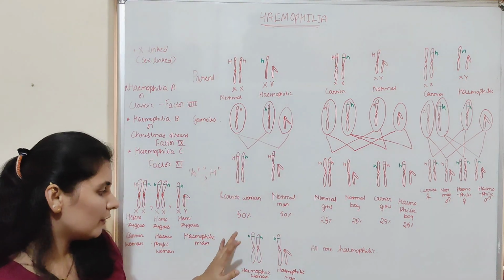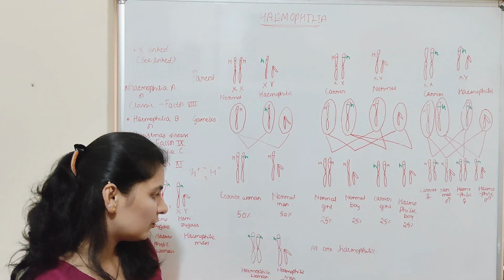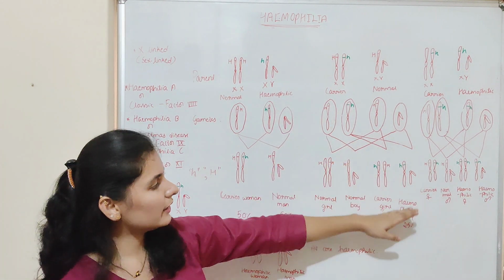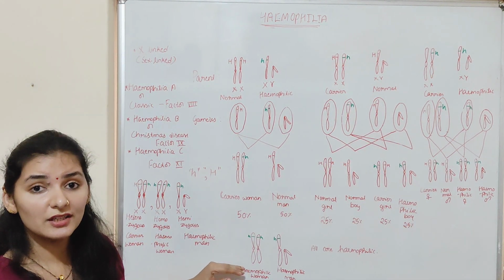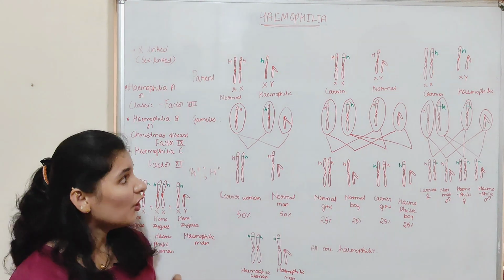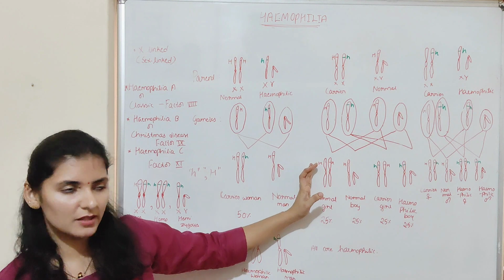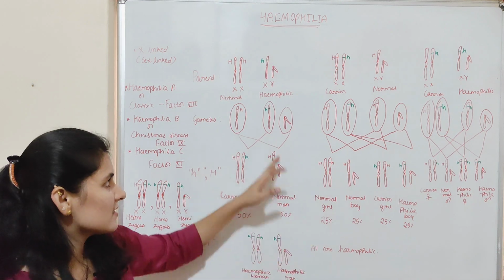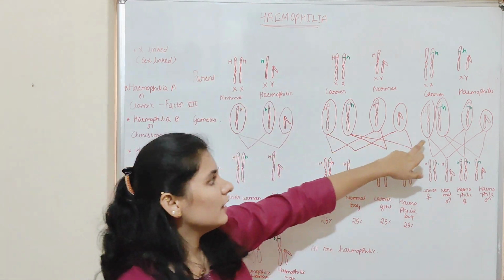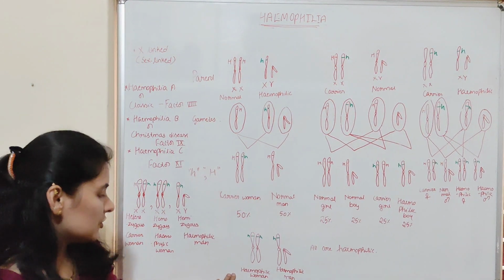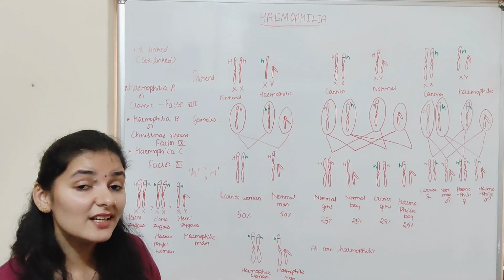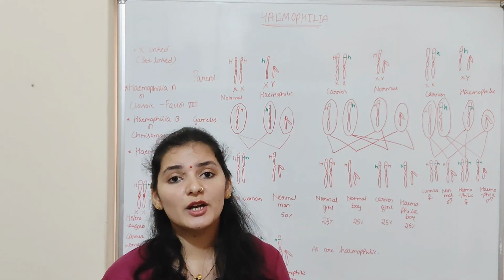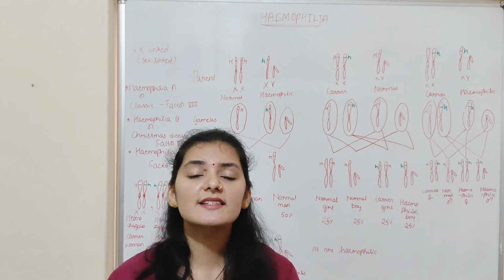In the fourth condition, when a hemophilic woman marries a hemophilic man, all the offspring produced will be hemophilic. So these are the four conditions and the inheritance of that particular gene to the next generation. But practically only the second condition is possible, because in the other three conditions either the man or the woman is hemophilic. For example, in the first the father is hemophilic, in the third again the father is hemophilic, and in the fourth both mother and father are hemophilic, which is practically not possible because a hemophilic individual will not survive for many years, or will die before reaching sexual maturity.